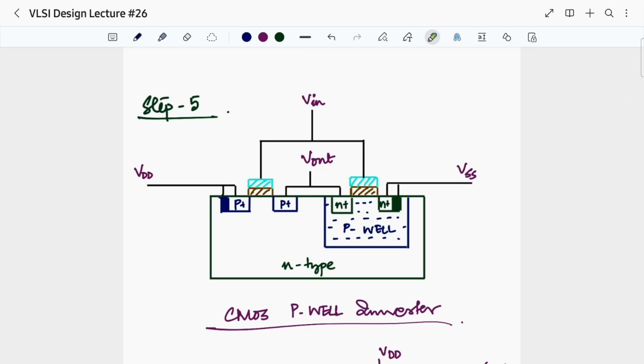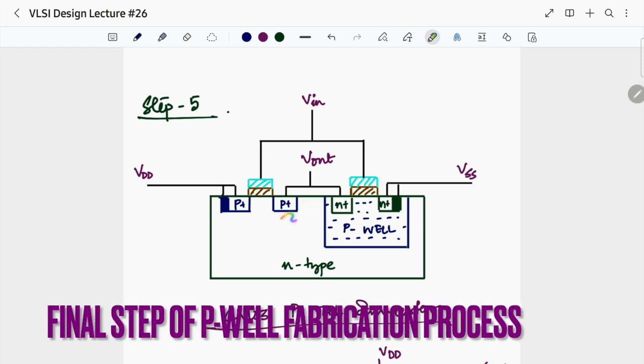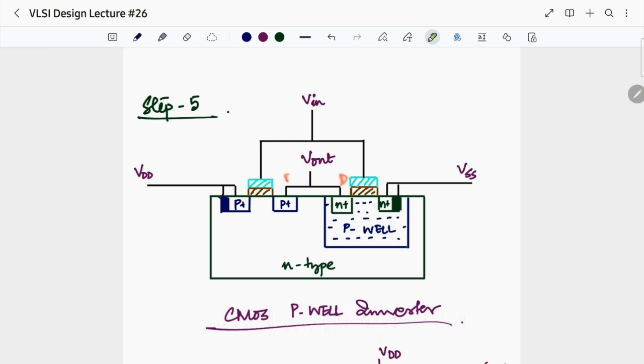Okay, so these two, this is the drain of my PMOS and this is the drain of my NMOS, and together they are connected to form the Vout, and Vin I am giving to the gate terminal of both the P and the NMOS. Understood? Now what about the source of PMOS and source of NMOS?